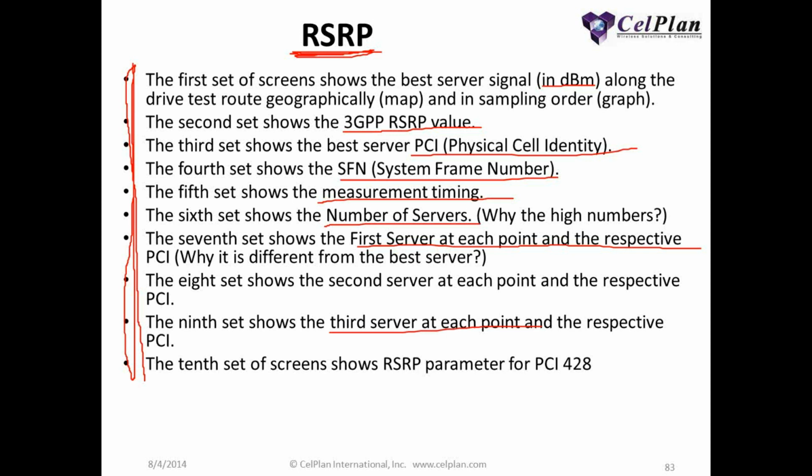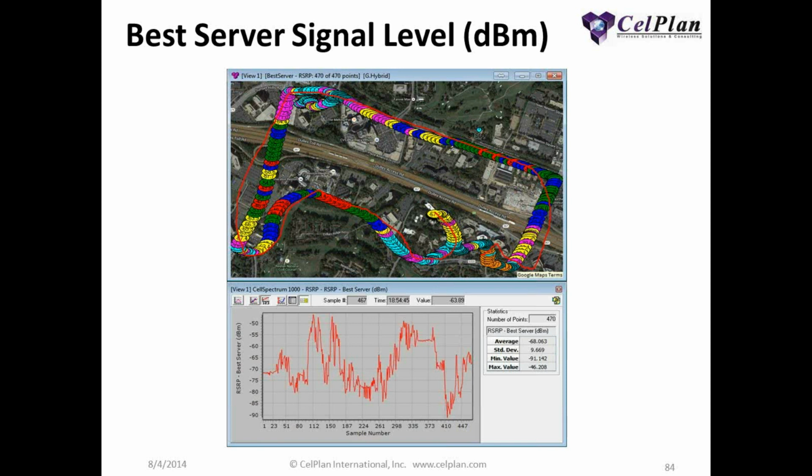And the 10th set shows really only a single PCI, not a best server. So this is the best server signal level along the route. So we started here, we drove here, and then, so this is the direction we drove.